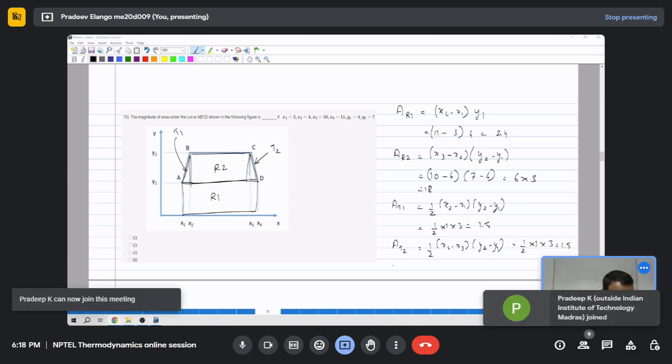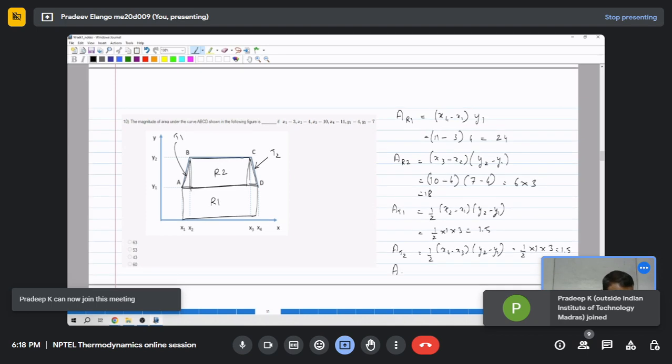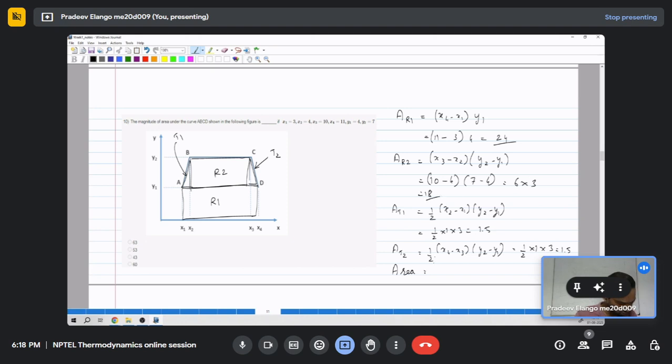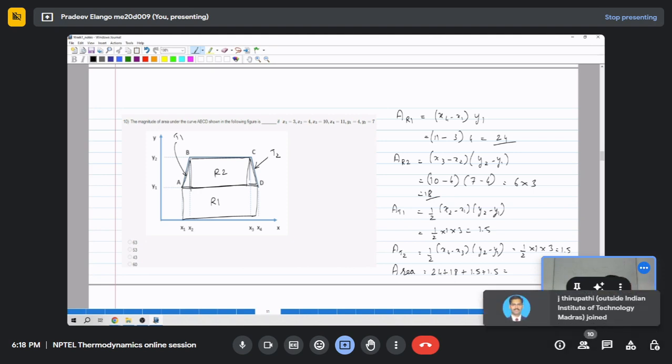So if you want to add all the areas, 24 plus 18 plus 1.5 plus 1.5, and this comes to be 45.